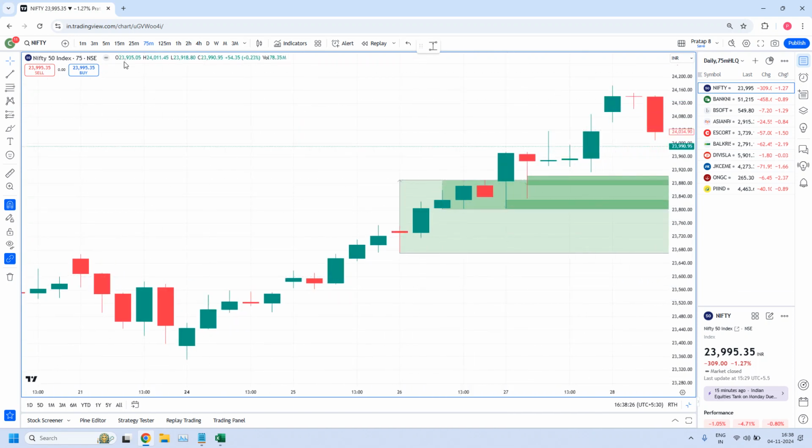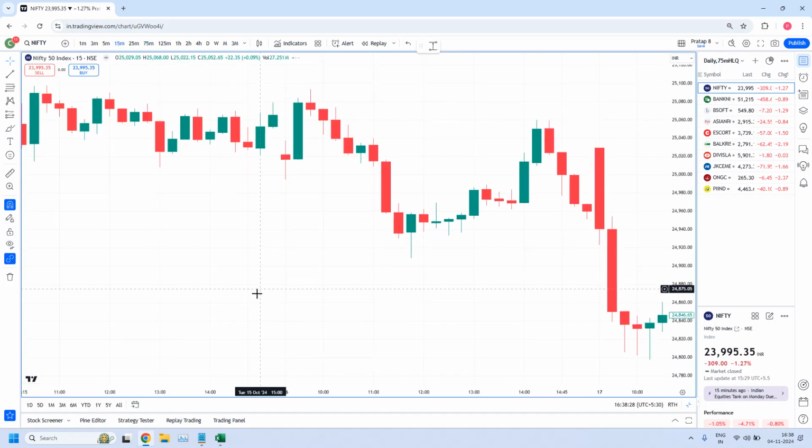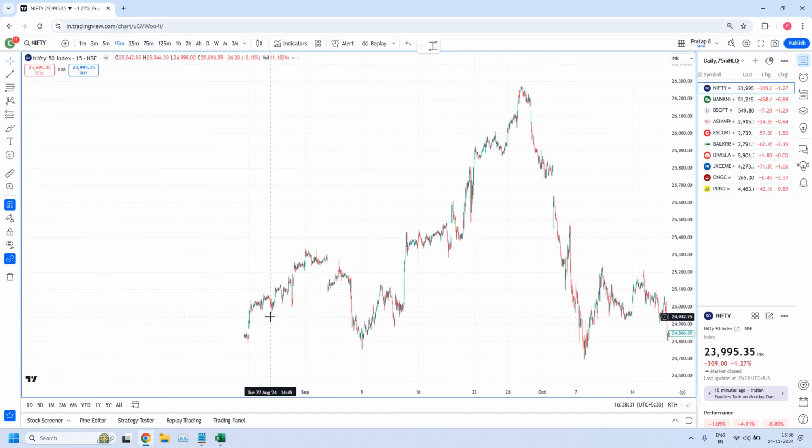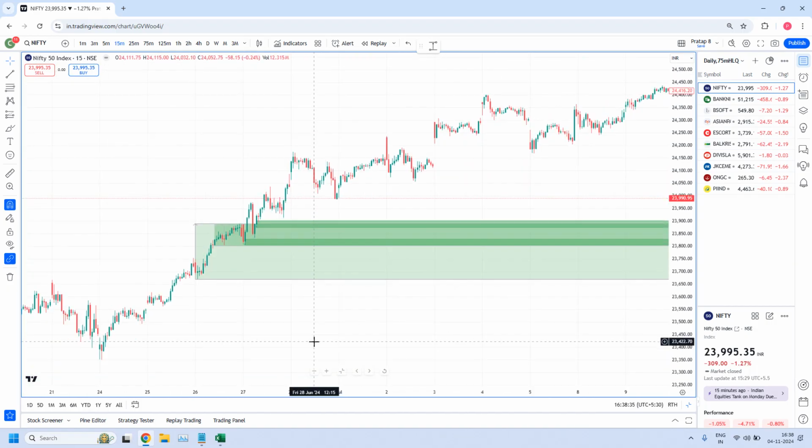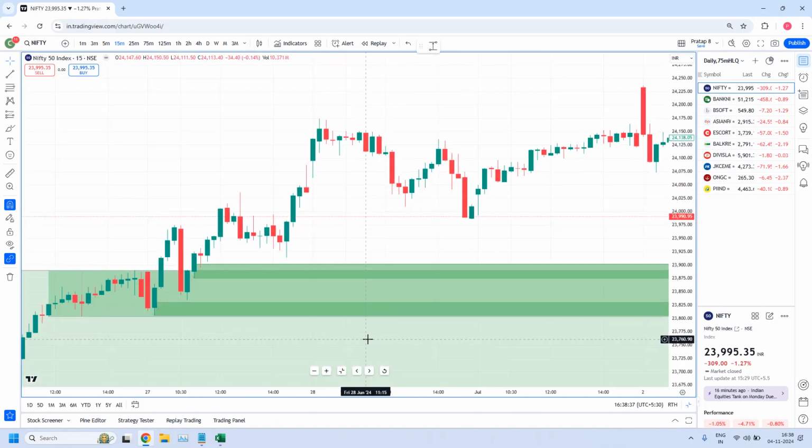Within this 75 minutes, there is no proper 15-minute structure. The 15-minute structure is not good. Maybe to some extent you may consider this a drop, this the base, and this the rally.